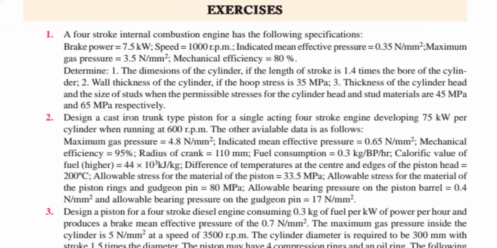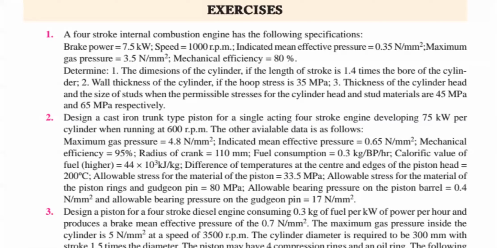A four-stroke internal combustion engine has the following specifications. Please read this problem carefully. Brake power equal to 7.5 kilowatts, speed equal to 1000 rpm, indicated mean effective pressure is 0.35 Newton per mm square, maximum gas pressure is 3.5 Newton per mm square, and mechanical efficiency is 80%.